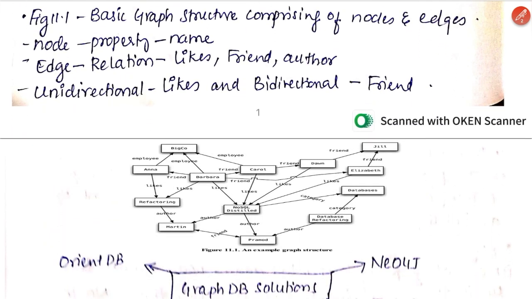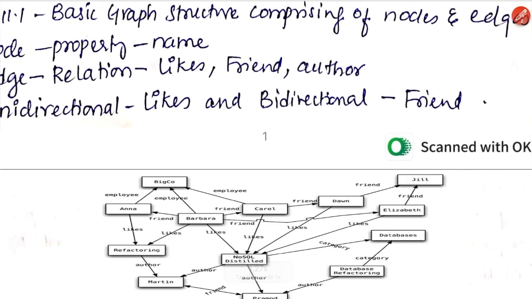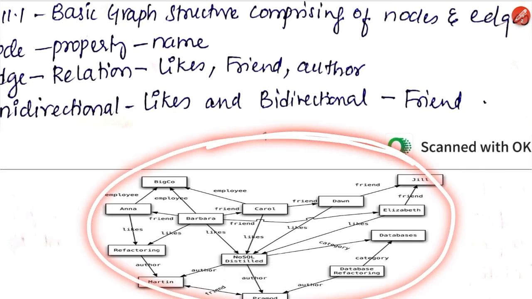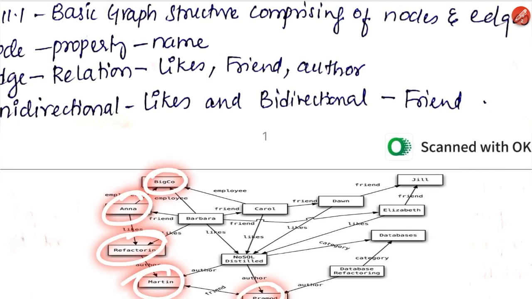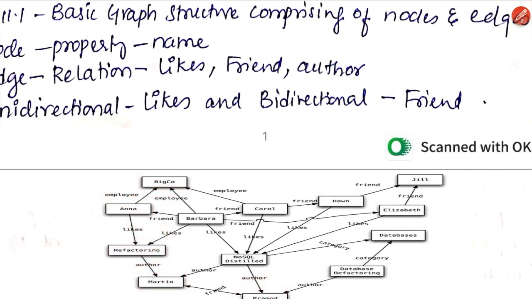If you look at this figure, it explains the graph structure. In this figure, the ones represented in boxes are the name properties. For example, Bigco, Anna, refactoring, Martin, all these are properties. Then we have likes, employee, author, friend, author, all these are the edges or the relationships which are established.